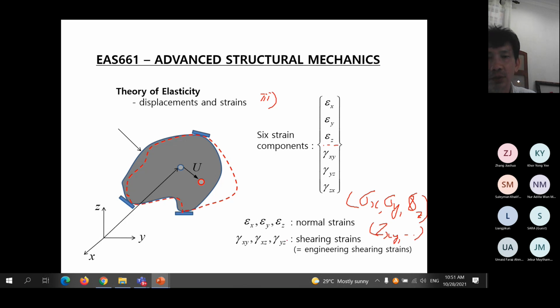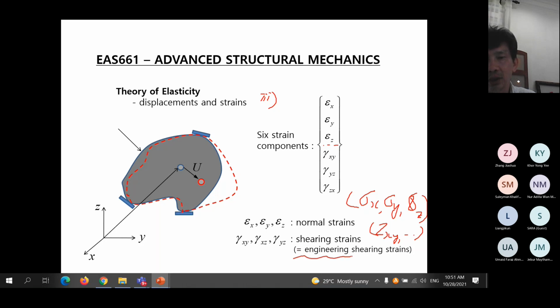We also have the corresponding shearing strain, represented using the symbol gamma, gamma xy, xz and yz, now with two subscripts. This is what we call engineering shearing strain.